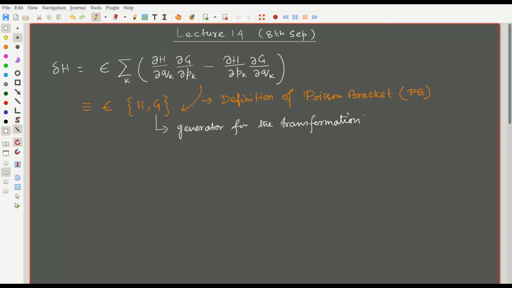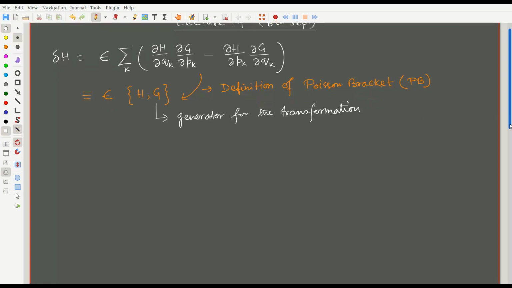Okay. So from this we found out what should be the condition for this Hamiltonian to be invariant under this coordinate transformation.